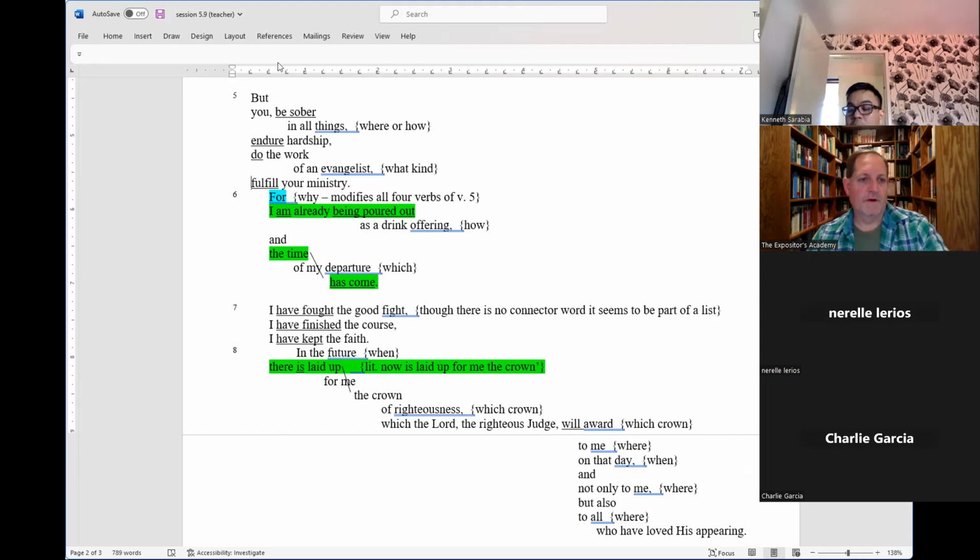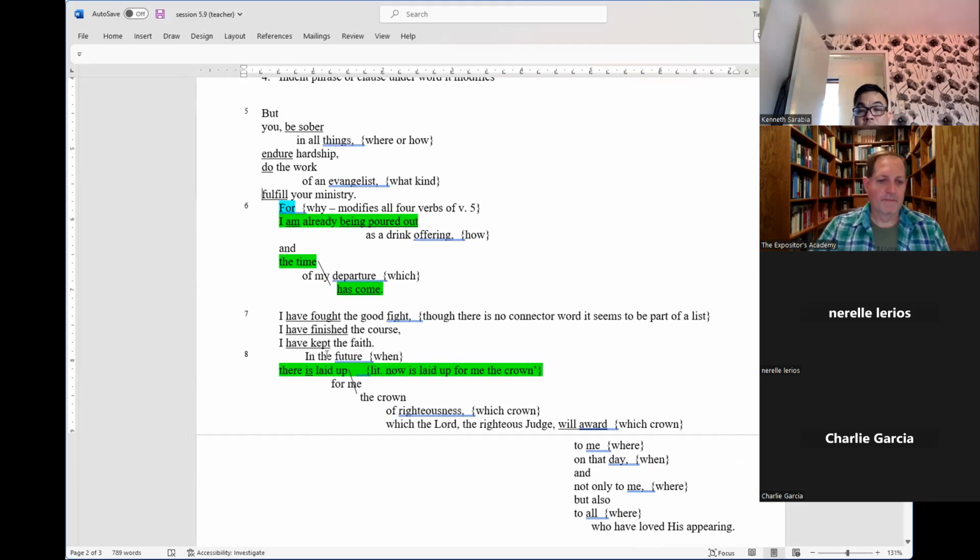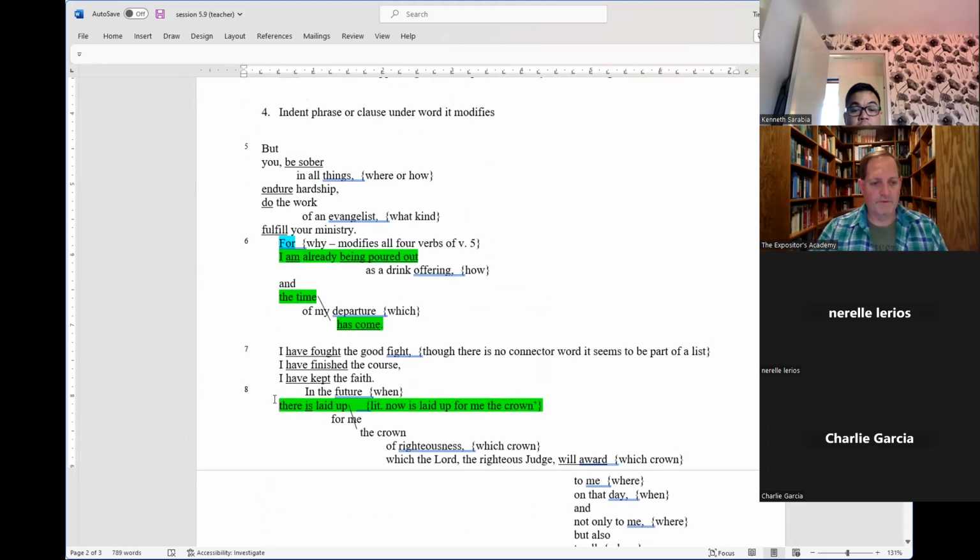Okay, so this is how I would then diagram. And I would change, as we talked about here, instead of "there's laid up for me the crown," it should be like this.